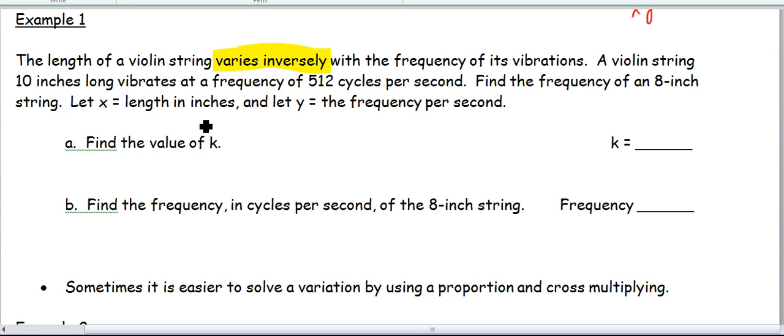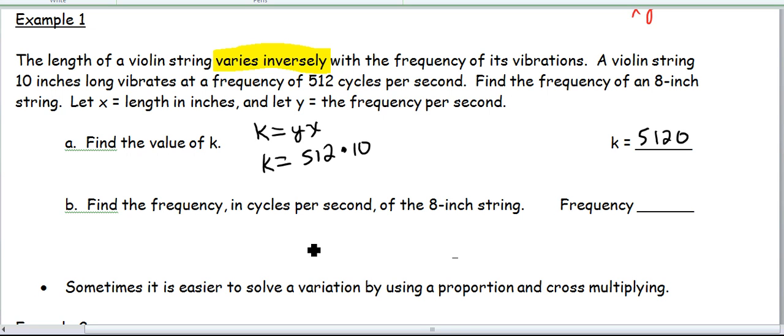Let x equal the length in inches and y equal the frequency per second. So if k equals y times x, then we plug these in. K equals 512 times 10, so k is 5,120.